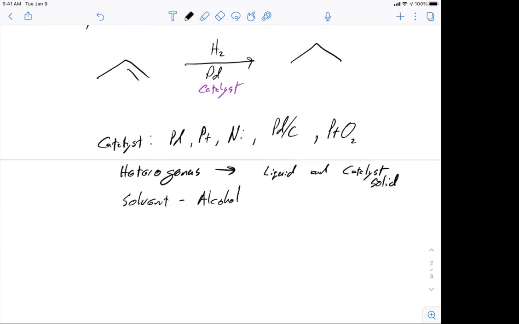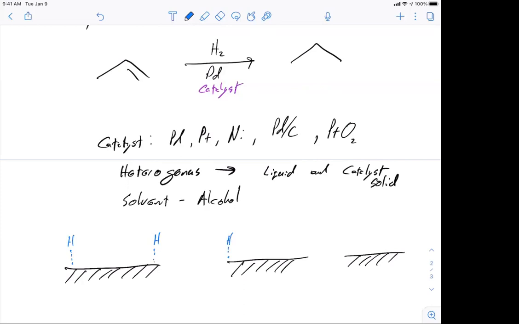Okay, so the way this works is, what I'm showing here is the metal surface. This is heterogeneous. The hydrogen atoms are absorbed to the surface of that, and then the double bond becomes absorbed.